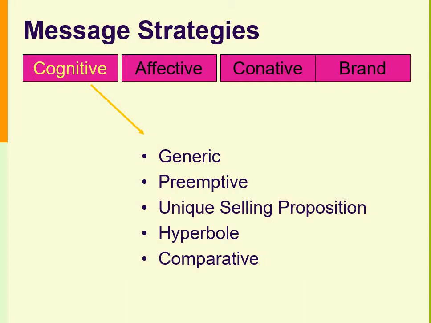As far as the preemptive cognitive message strategy is concerned, again we present the same facts and figures, the rationale and arguments, the selling propositions or the benefits, but our approach in this type of message strategy is preemptive. Preemptive means to do something before anybody else does it.